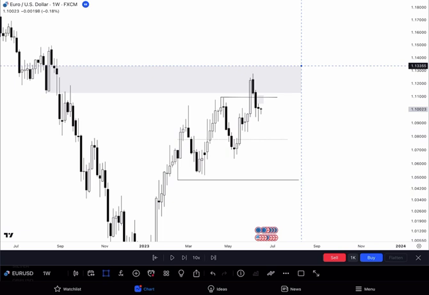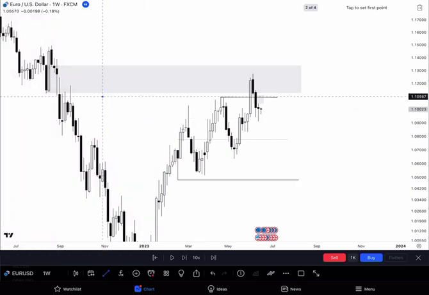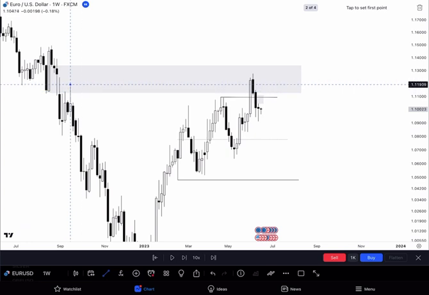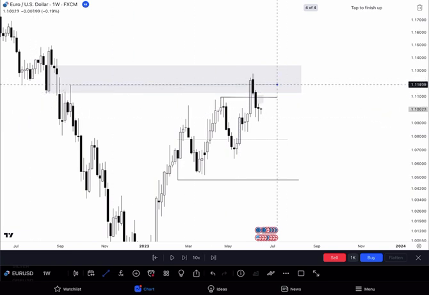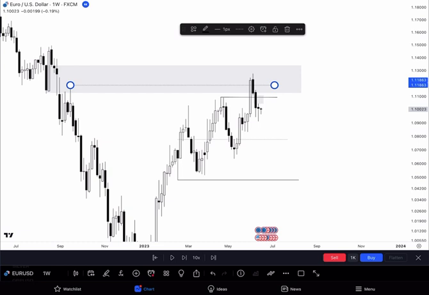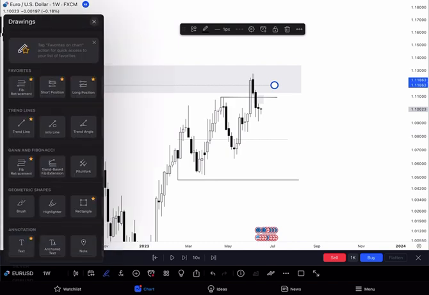And it simply went and purged this high, which was inside of the breaker, right? So highs inside of liquidity pools, highs inside of PD arrays are high probability turtle soup setups, right? Once again, highs and lows.